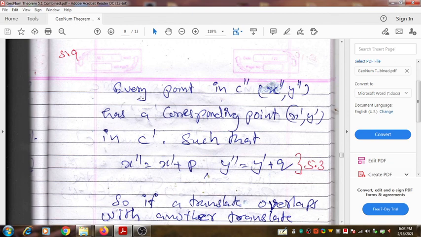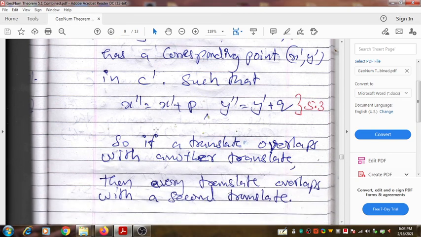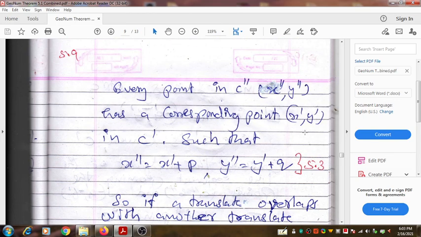Every point in C double prime, now we consider that point as x double prime, y double prime, has a corresponding point x prime, y prime that belongs to C prime, such that there exists a relation connecting these two points.